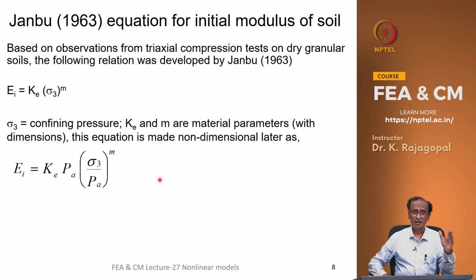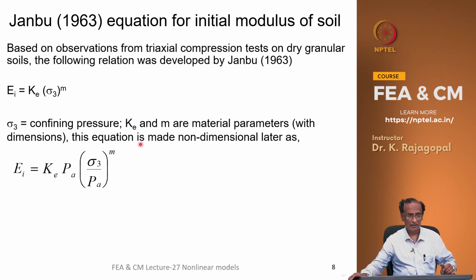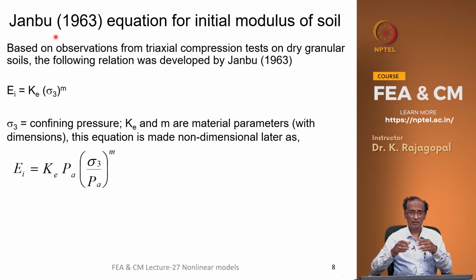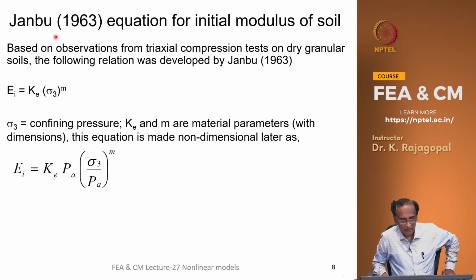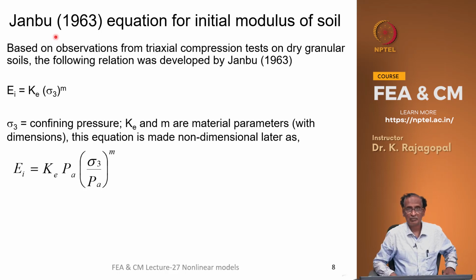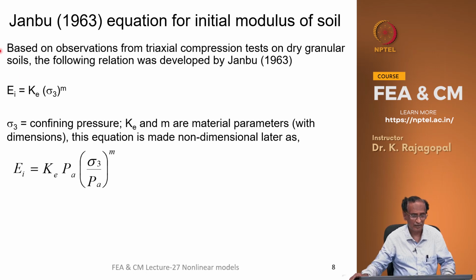Then, just slightly before these variable moduli models came into being, in 1963, Janbu started working on expressing the relation between the initial modulus of the soil and the confining pressure. He looked at a lot of test data from triaxial compression tests.